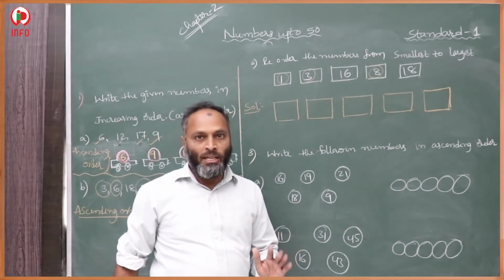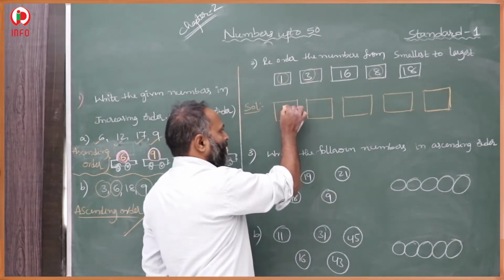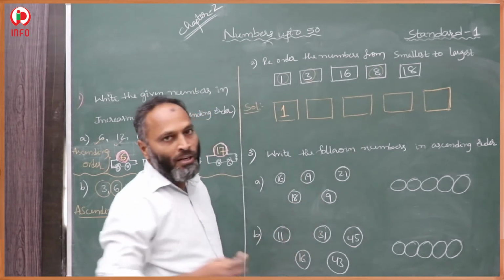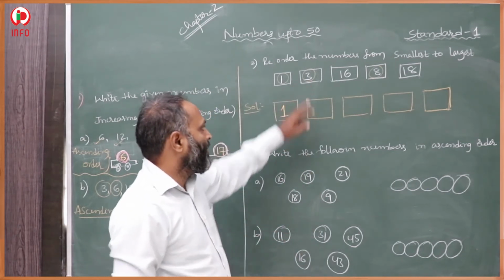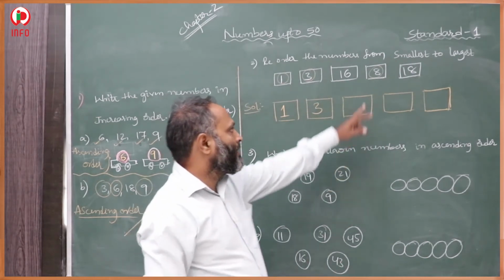Among these, 1 is the smallest, then a little bit bigger is 3, then 8.